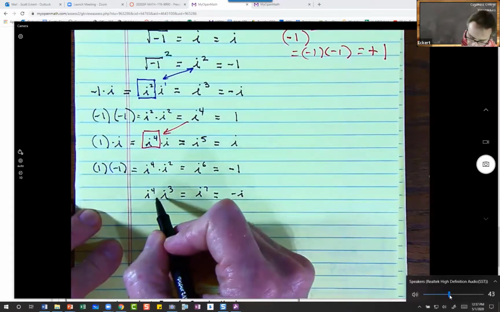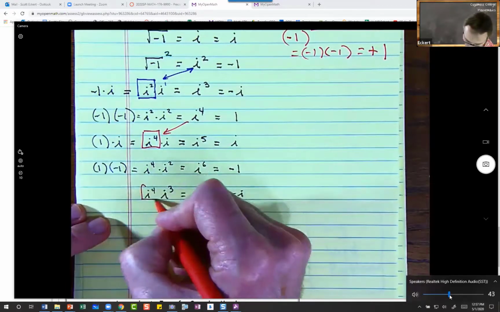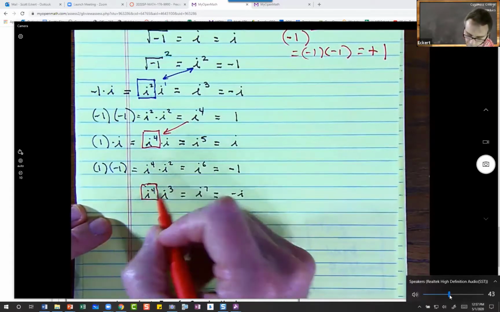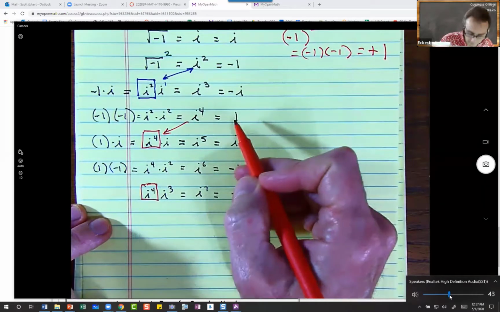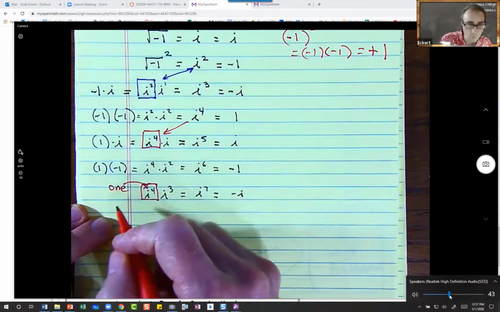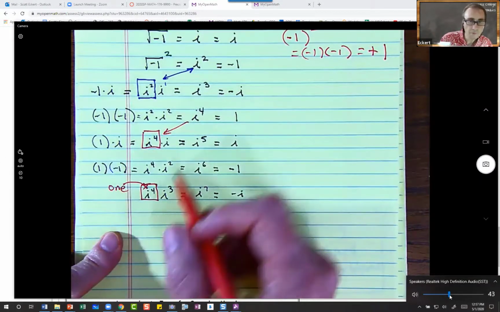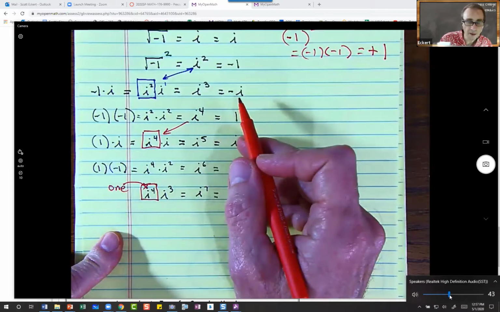We've already figured out that i to the 4th power equals 1. So this is 1 times i cubed, and i cubed, we've already figured out, is -i.